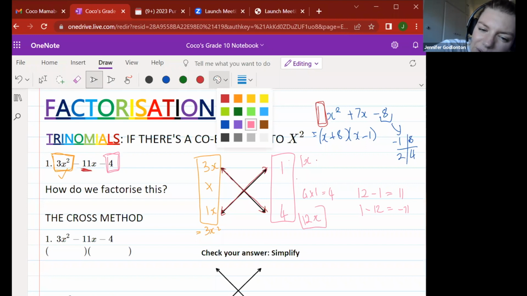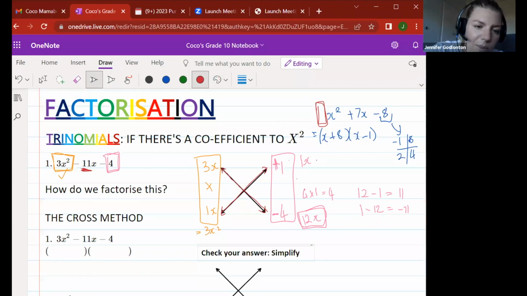So that means that this one over here needs to be my negative, and that one needs to be my positive. Okay. Once we've done that, we have checked that they work out together. We've checked that when we multiply, we get the 3x squared. We check we get the negative 4.